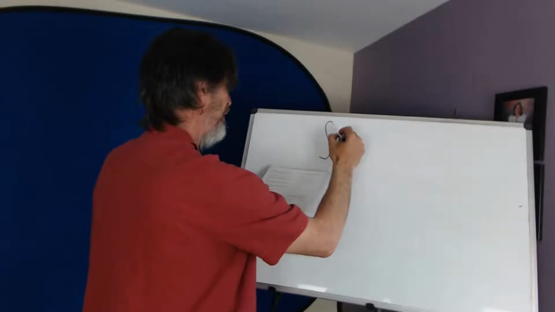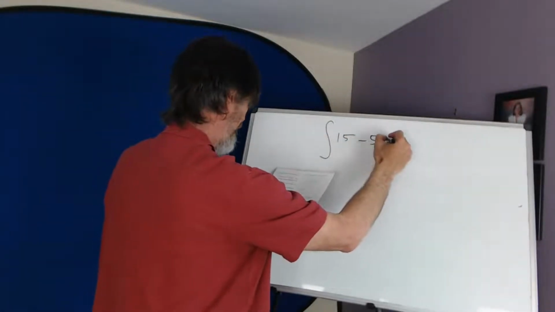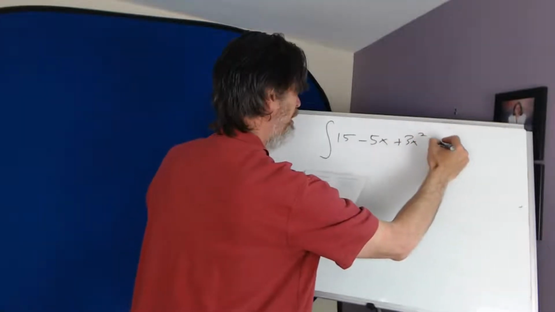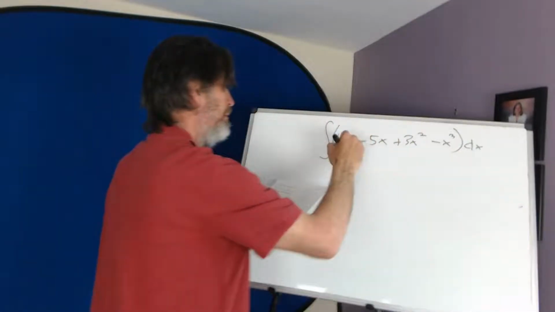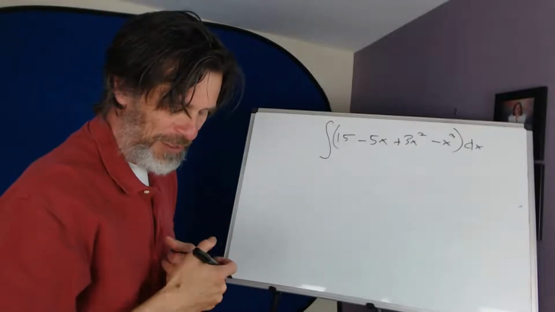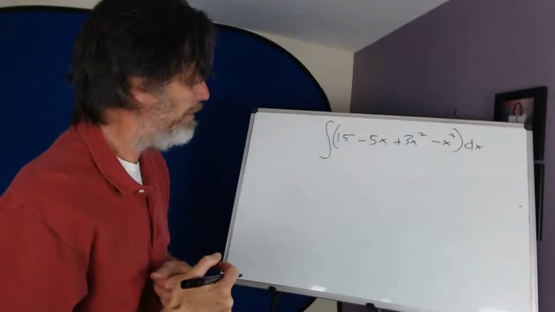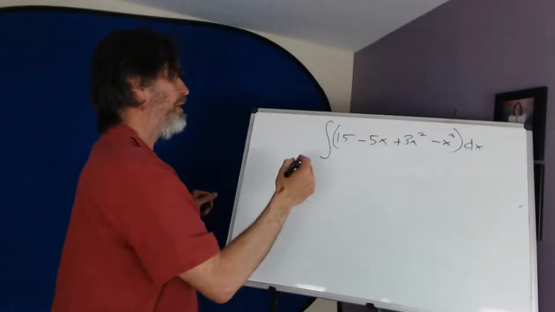We would have 15 minus 5x plus 3x squared and minus x cubed. Using whatever technique you like to use to multiply two binomials together, you should get those terms if I did it right. And you did it right. Okay, off we go then.